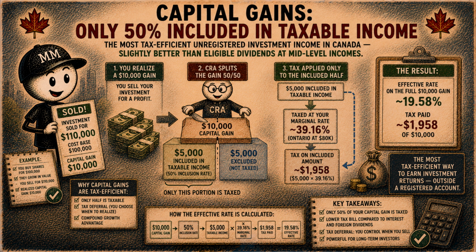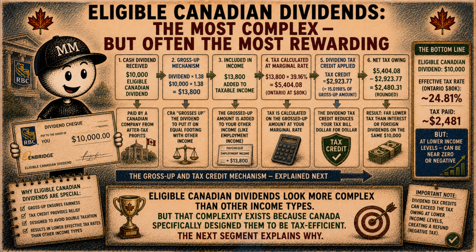At a 39.16% marginal rate, the actual tax paid is approximately $1,958. Effective tax rate on capital gains at this income level, approximately 19.58%. Type 4. Eligible Canadian dividends.